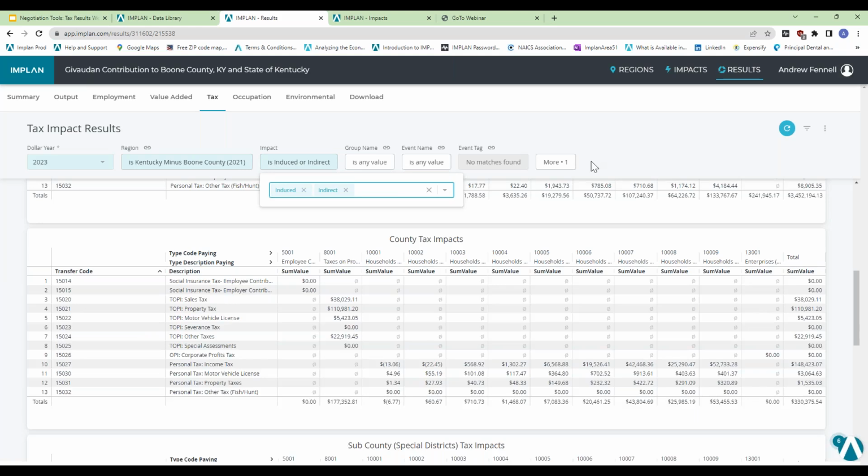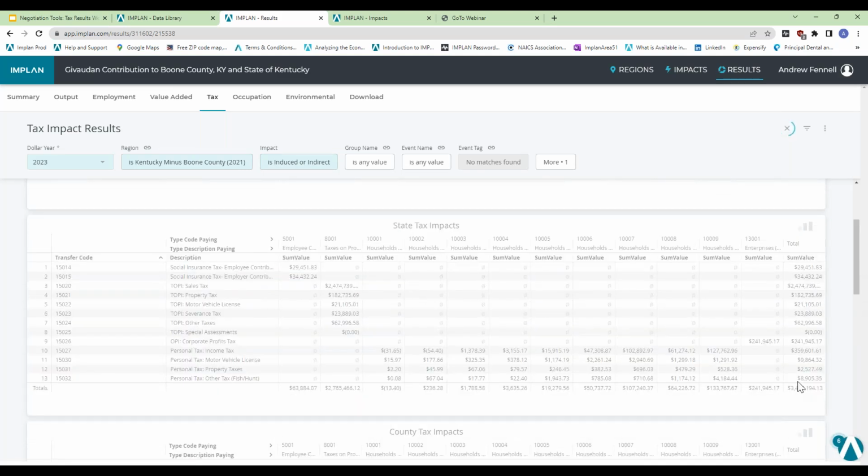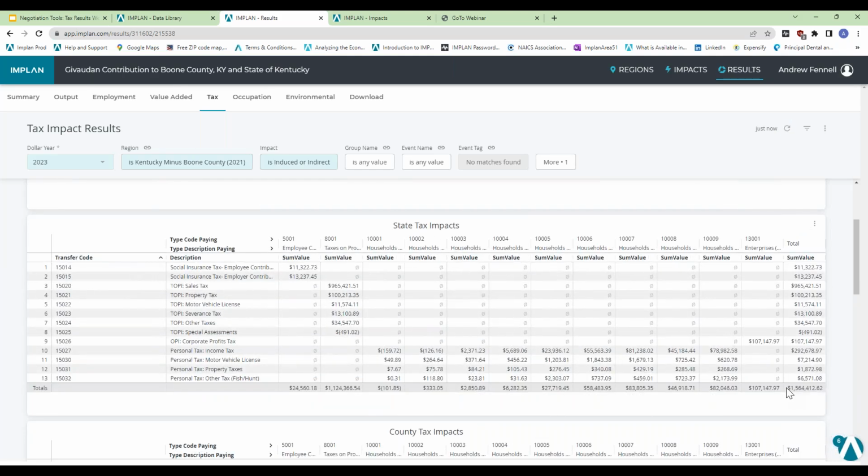Looking at only induced and indirect impacts here, maybe I want to understand what my indirect impacts are to the rest of the state of Kentucky. So these are areas outside of Boone County. We can see about $1.5 million there.